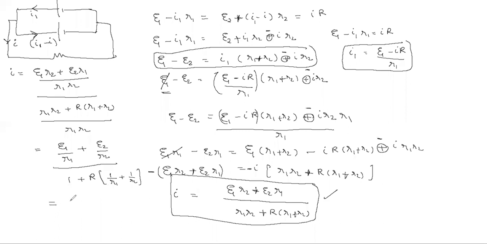Right, good. Means numerator, can I write it as sigma E by R? E1 by R1 plus E2 by R2. Yes. Divided by 1 plus capital R into sigma 1 by R, Nana. Yes, sir. You can remember this as a shortcut.